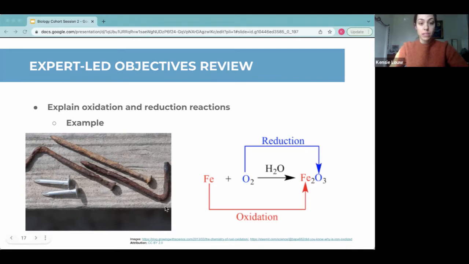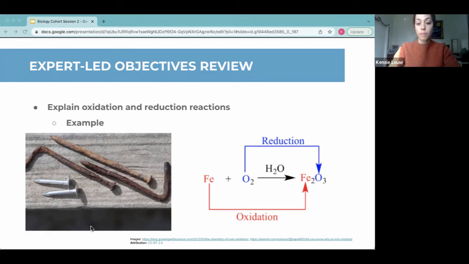Oxygen in the environment, in the air and in water, is very electronegative, and so it will attract electrons. So when oxygen in the environment combines with the iron in the nail, the electronegative oxygen can cause the electrons to shift. The iron in the nail will lose its electrons and the oxygen in the air or water will gain electrons.